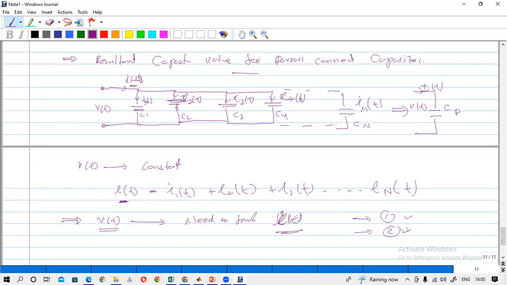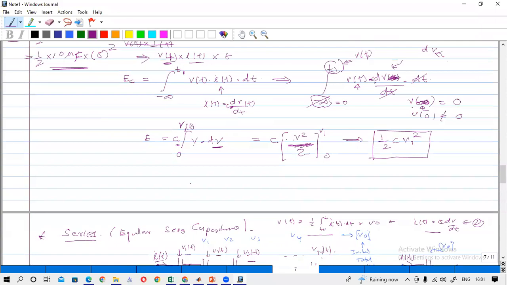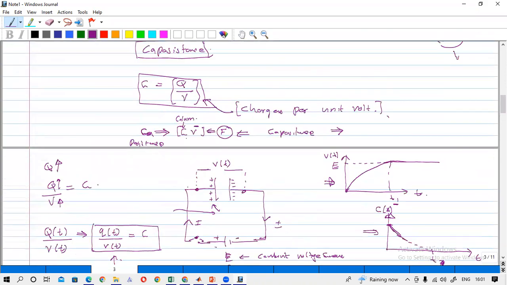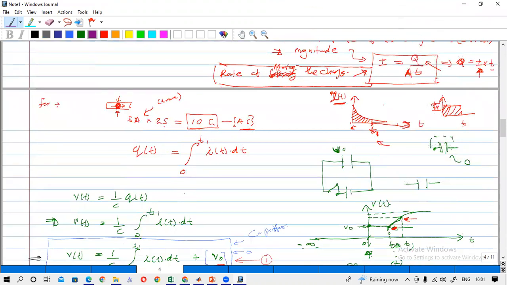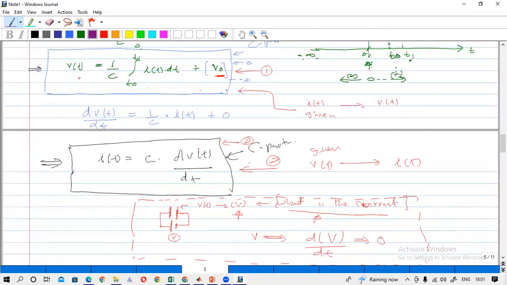When you are using equation 2, it is somewhat easy because you no need to consider the initial voltage, because it is a derivation. The initial voltage is normally a constant. So in equation 2, this term is not available, so you can consider the current values.